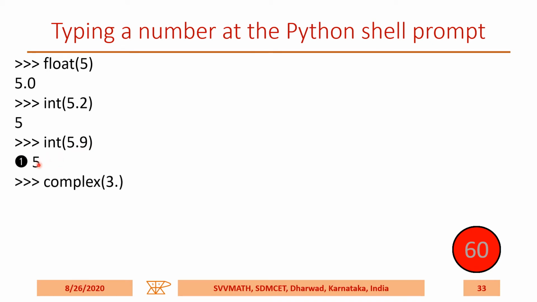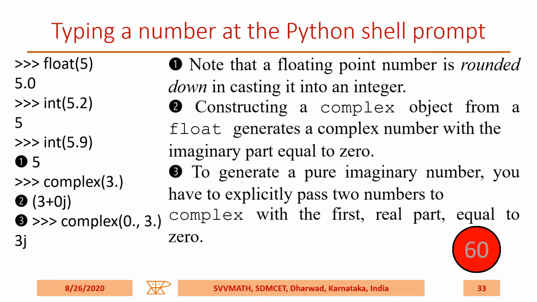I'll get 5 only. If I write complex(3.0), I'll get 3+0j. If I type complex(0., 3.), I'll get the answer 3j. Now try to read this and understand.